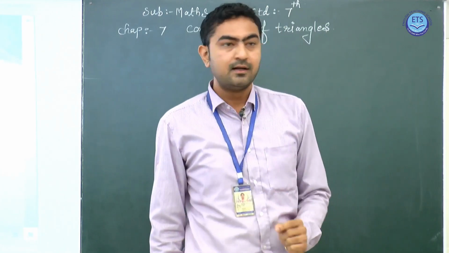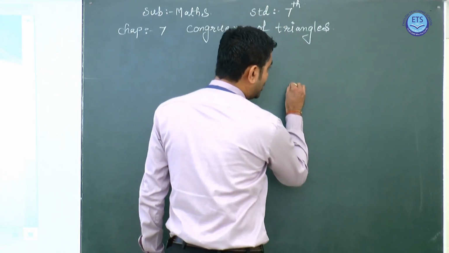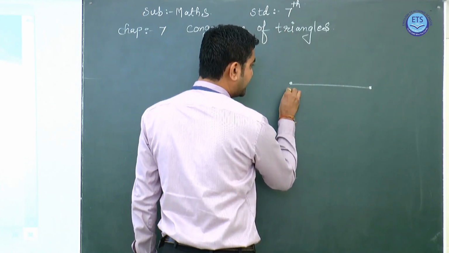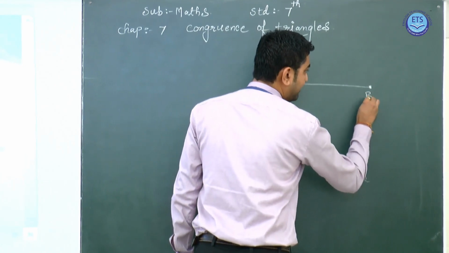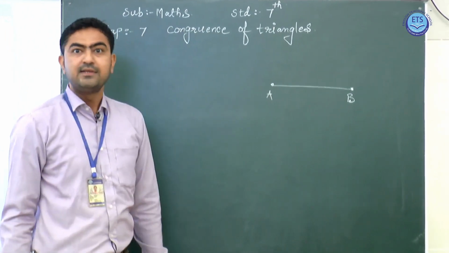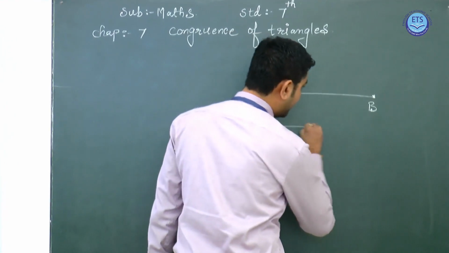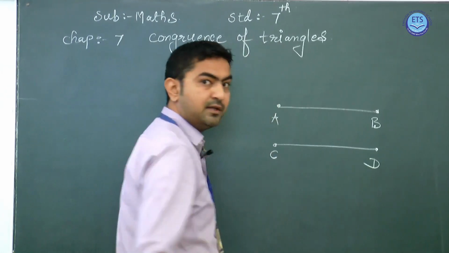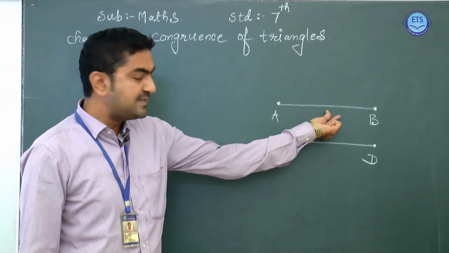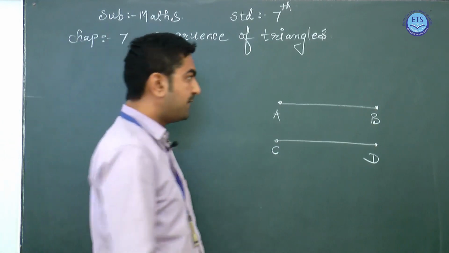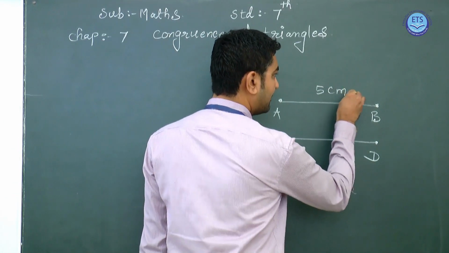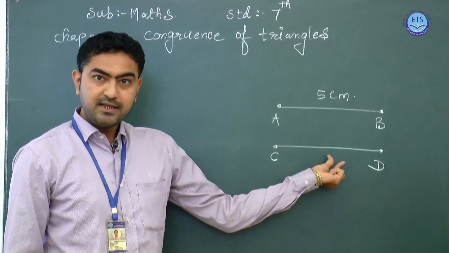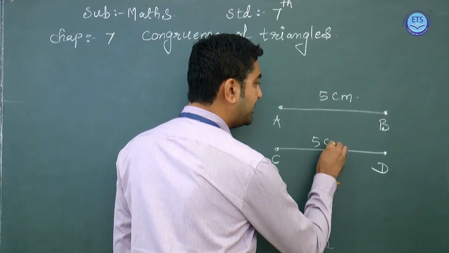Now see here, suppose we are taking two line segments. The first line segment is considered as line segment AB, and the second line segment we have taken here is CD. The length of the first line segment is 5 centimeter, and the length of the second line segment CD is also 5 centimeter.